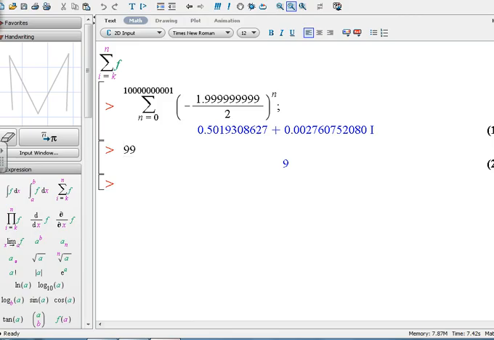This is number 6. So in, we're going to go from 1, and we're looking at minus 1, n. Let's see. Get rid of that.